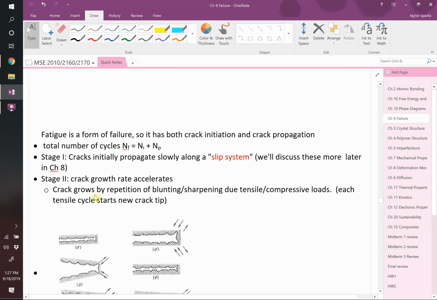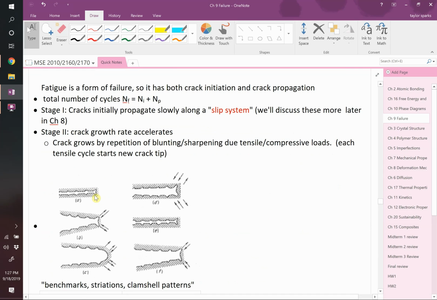Okay? Fatigue always has, we mentioned this at the beginning of the chapter, it's always got two events. The crack has to be initially formed, and then the crack has to propagate. Okay? So we could calculate the total number of cycles as equal to the number of cycles associated with initiation and propagation.